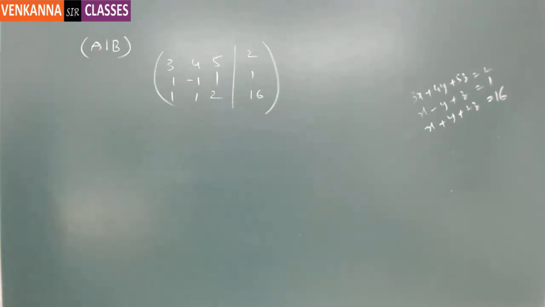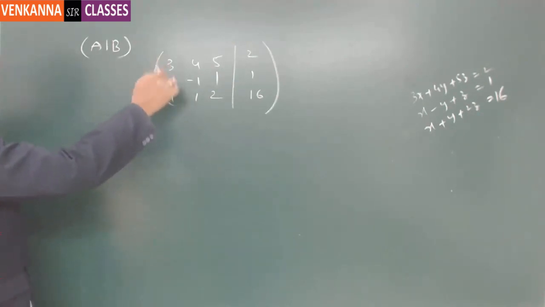Now, after applying the row operations, we are going to make this part A into an upper triangular matrix. We are just applying the row operations to get the echelon form. Automatically, it will be in the form of an upper triangular matrix. So by using back substitution, you will get the values of x, y, z. So let us do it now.